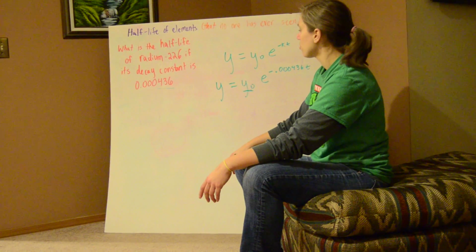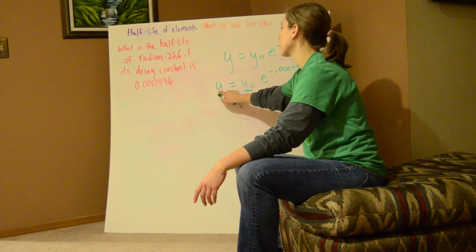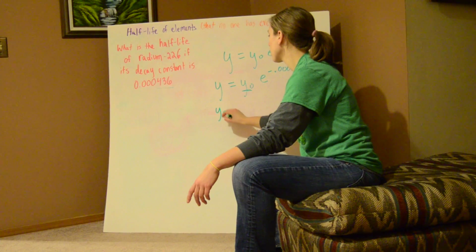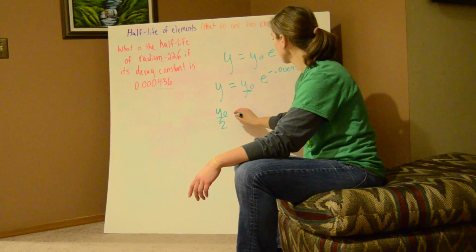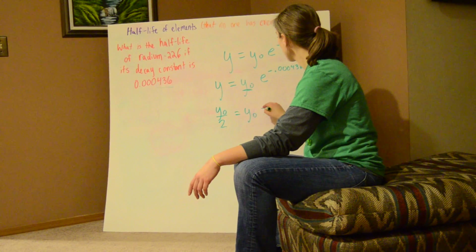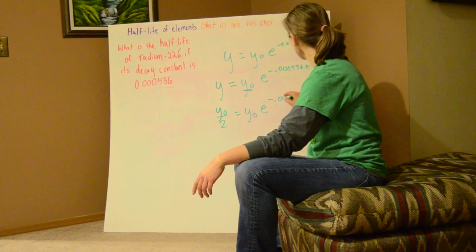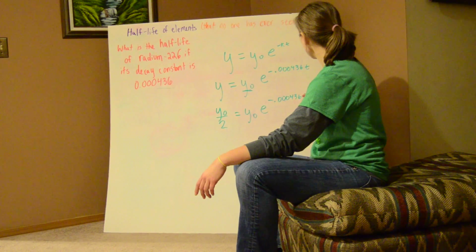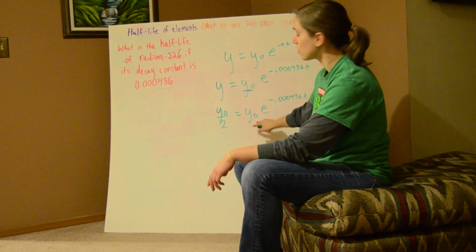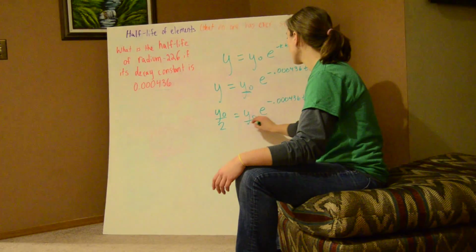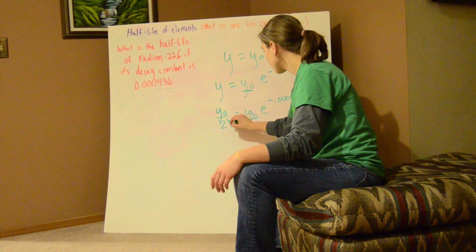So the nice thing is then we can basically just take this right here, plug in y naught over 2, because that's going to be the half-life of what is originally there, equals y naught e to the negative 0.000436 t. You guys are very, very smart calculus students, so you know what's going to happen to this initial amount right here. We can just divide it out on both sides. Get rid of it.